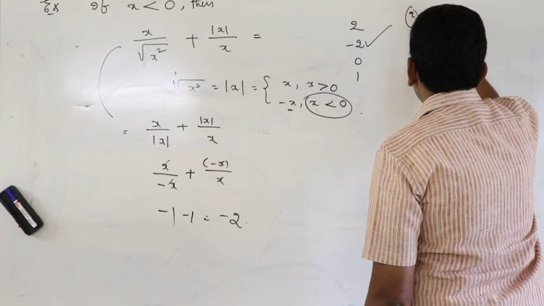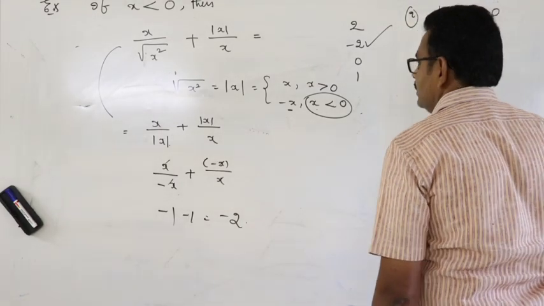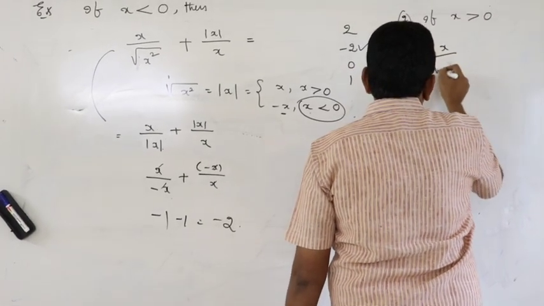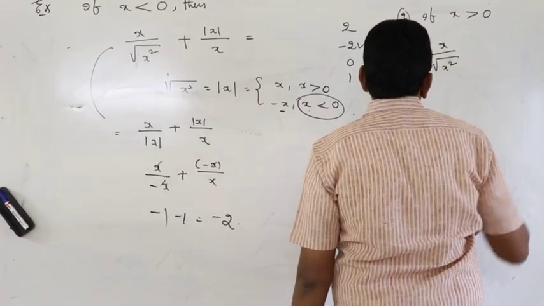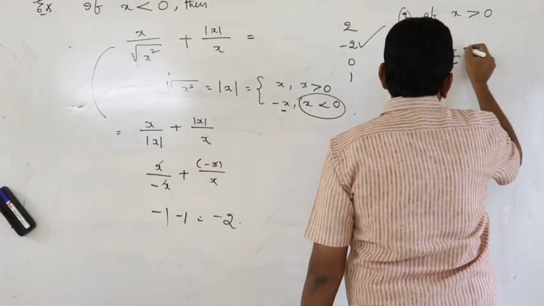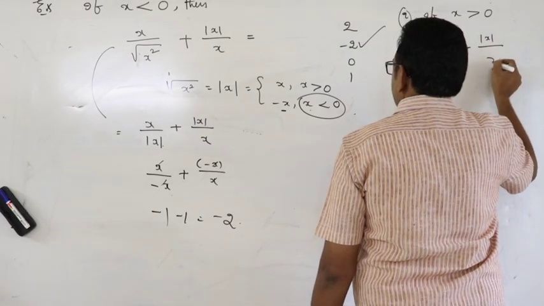And one more example. If x is greater than 0, then x by root of x square minus mod x by x.